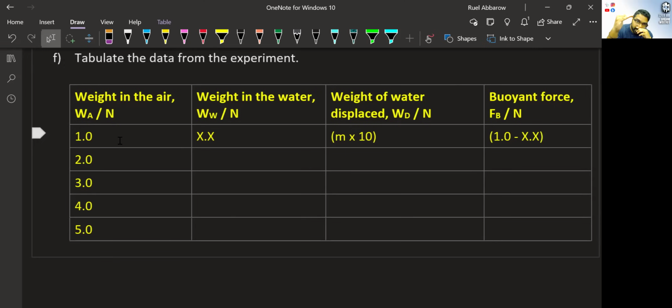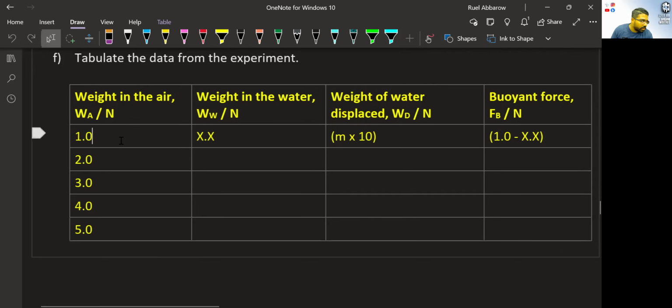Even though it may be, for example, 1 Newton, you can't just write 1. You won't get marks. You have to write 1.0. Follow the accuracy of the instrument that you are using, so follow the smallest reading on the scale. 0.1, therefore 1 decimal place: 1.0, 2.0, like that.